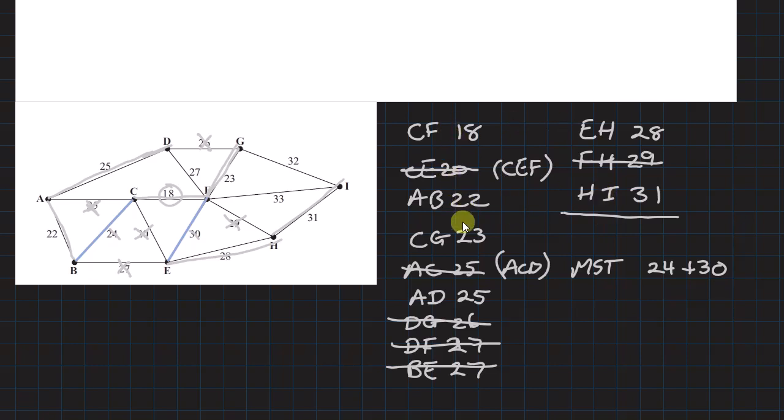So we've got 18, 40, 63, 88, 108, 116, 117, 147. So that's the actual cost, as asked for in the previous bit of the question. And the minimum spanning tree is that plus the 2 extra nodes, which is another 54, which gives us 201.